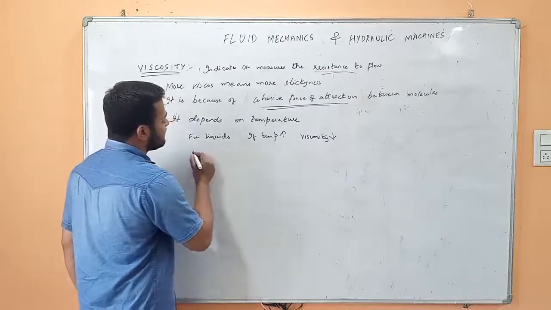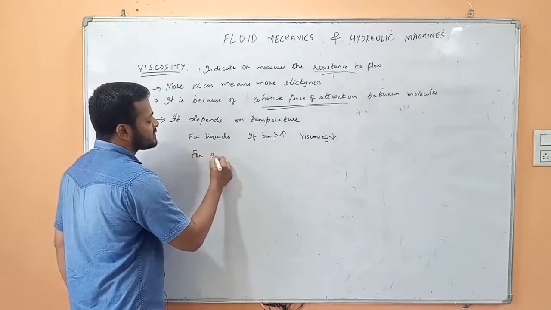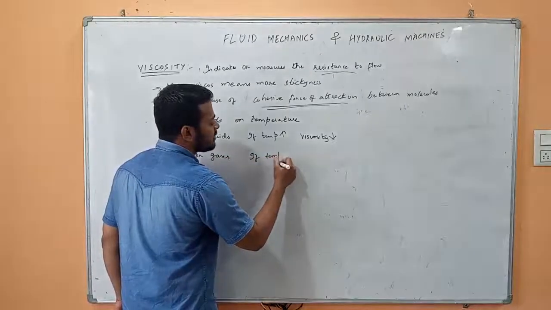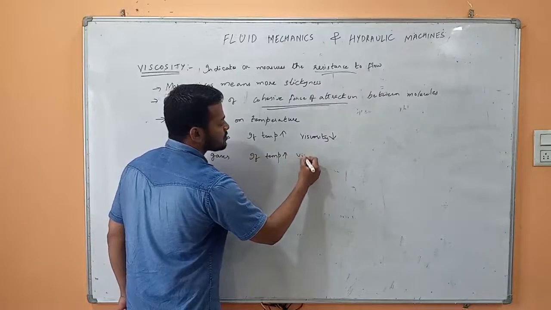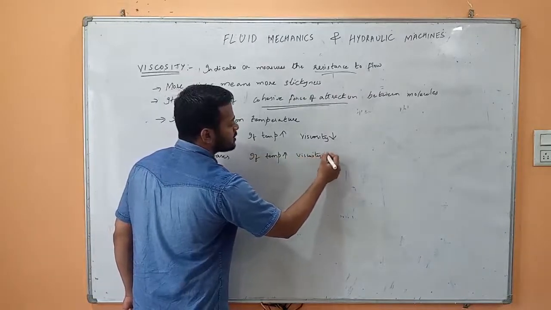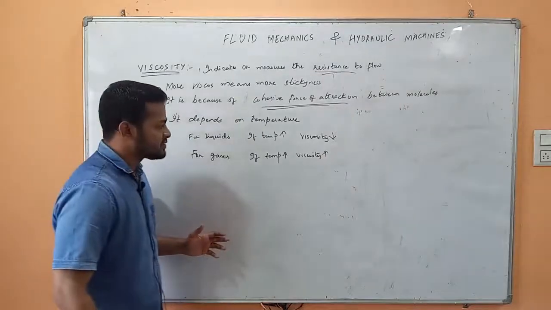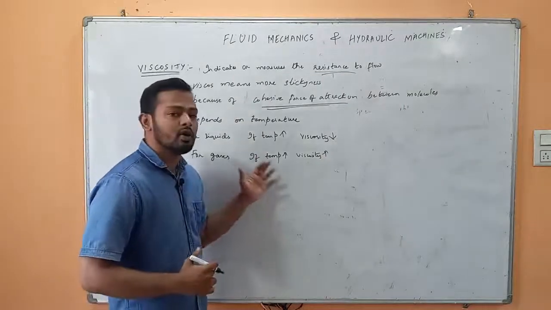Let's take one more example, for gases. For gases, if temperature is increased, viscosity also increases, because when the temperature is increased, there will be exchange of energy between those molecules of gases.